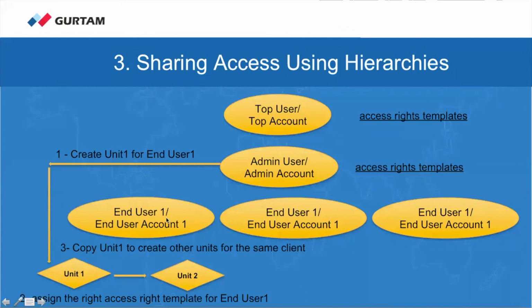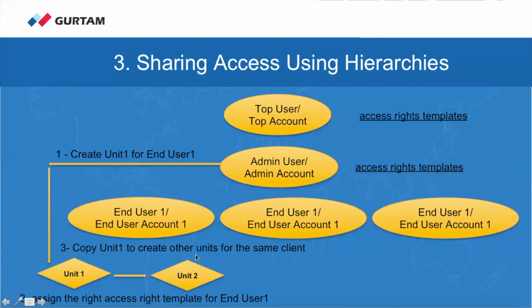So you will open the end user access dialog, select this unit 1, and then assign some template. For example, if this is just a demo user, you will assign the demo access template that we just created today. Now, if you did this, then the third step would be creating copies of this unit 1.